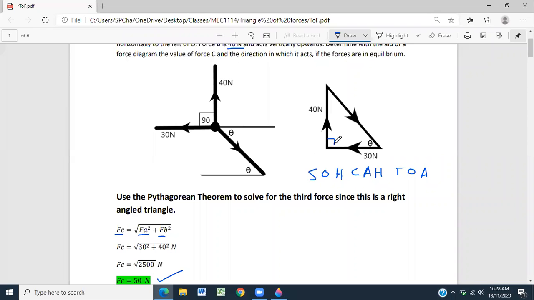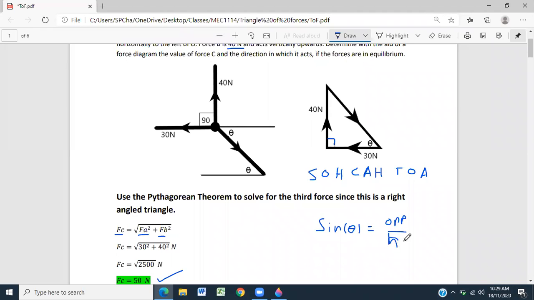And what that means is sine theta is equal to the side opposite that theta, the opposite, divided by the hypotenuse, the long side.